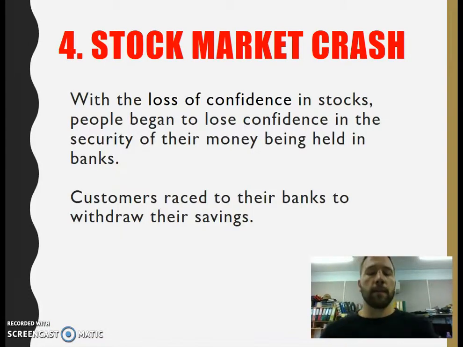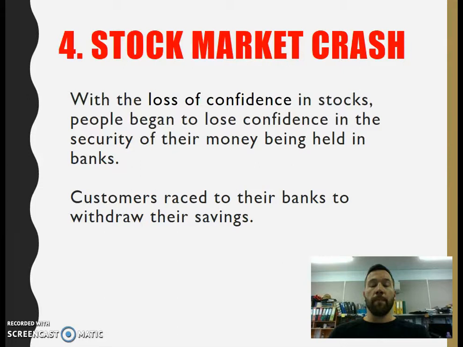And so basically, a flow-on effect from this is because the stock market crashed, people began to panic and they began to think, well, if this stock market is on the way down and prices are going down so quickly, we need to get our money out as quickly as possible so we don't lose any more.